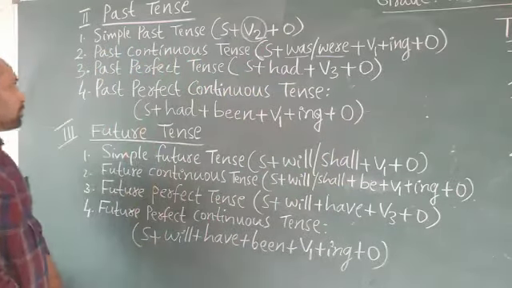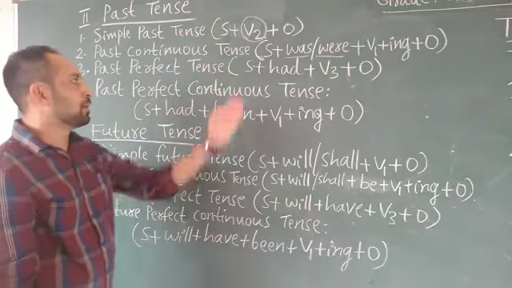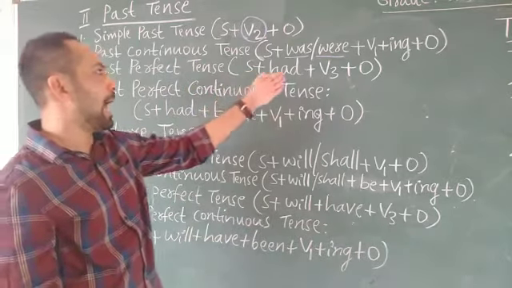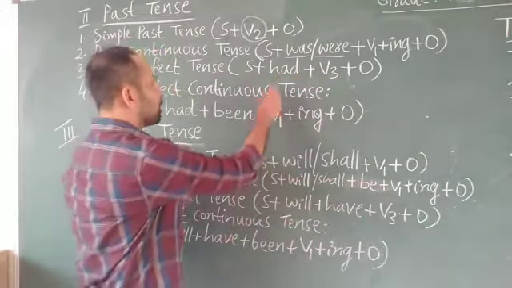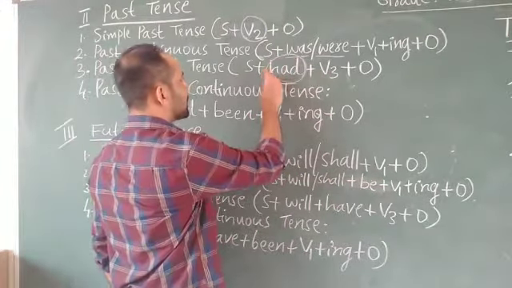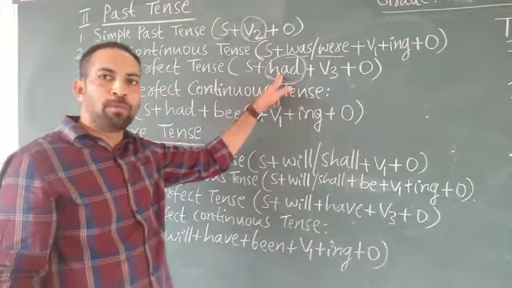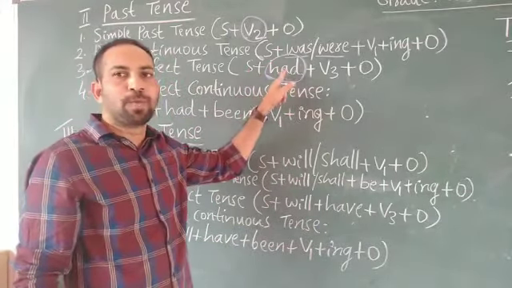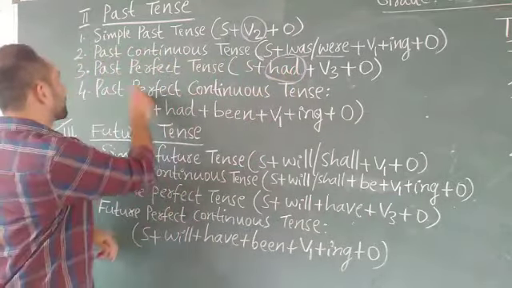Next, past perfect tense. Subject plus had plus V3 plus object. Always remember, had is the supporting verb or auxiliary verb, and we use it in past perfect tense only.